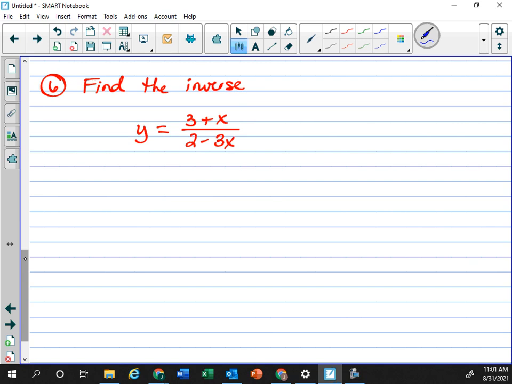So how do you find inverses? What do you do? Replace x and y. Yep, you switch the x and the y, okay, and then what? Solve for y. Solve for y. Okay, so try this one, guys.